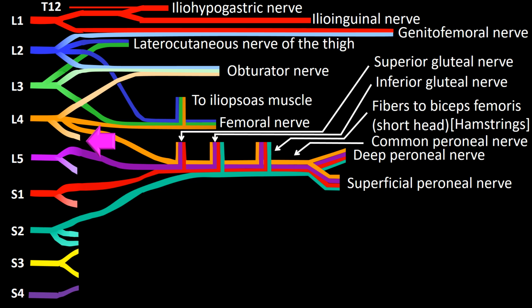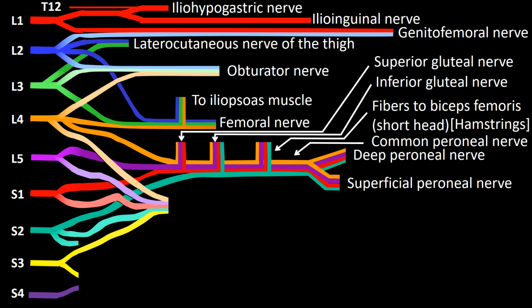And to tell you that the fibers from the anterior division of L4, L5, S1, S2, and also S3, come together to form the tibial component of the sciatic nerve.